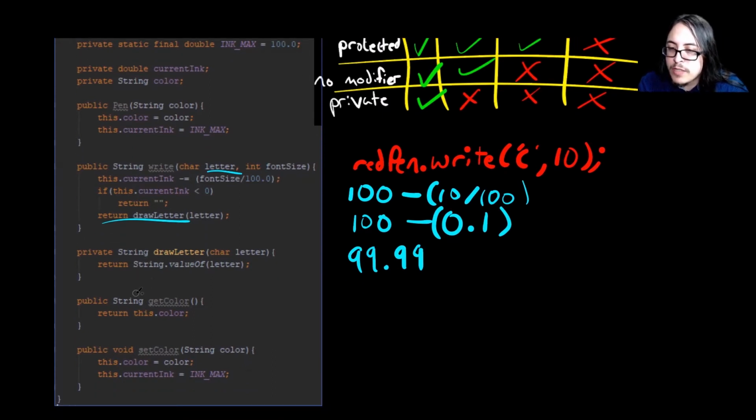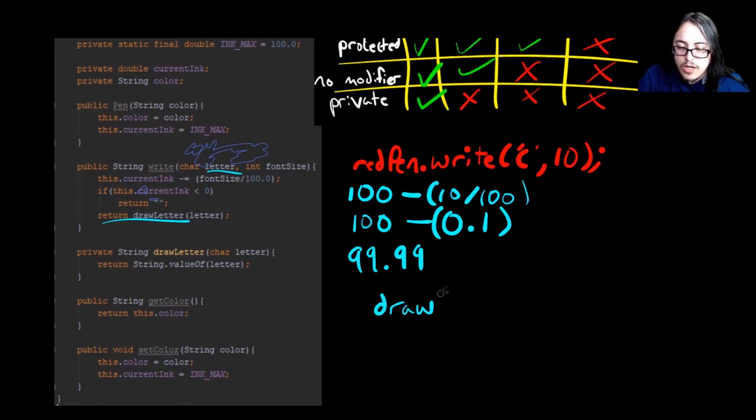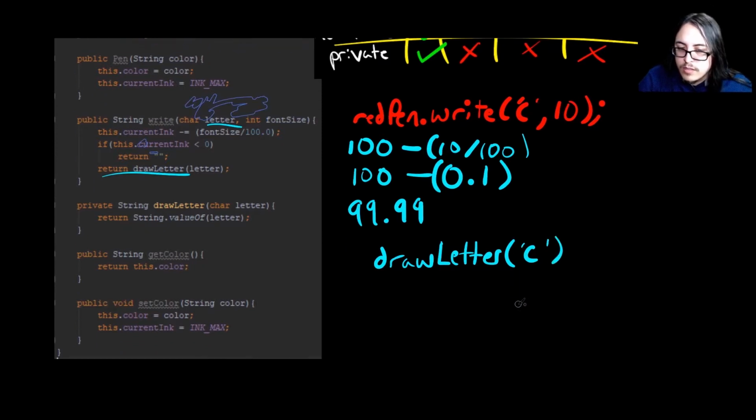It's a pretty simple function. It takes in the letter that we passed in, C. So we've called draw letter, passing in C. So this returns the string value of letter.